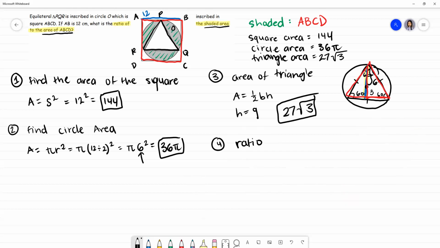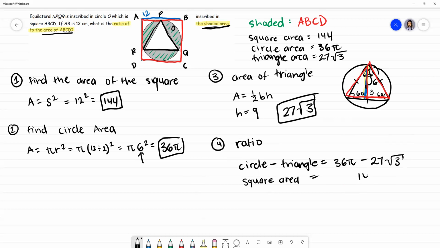So first we can get the ratio of the shaded area, which is just circle, not the ratio of the shaded area itself. So circle minus the triangle. Now that we have our information, we can plug that in. 36 pi minus 27 root 3. And then we have our square area, which is equal to 144.